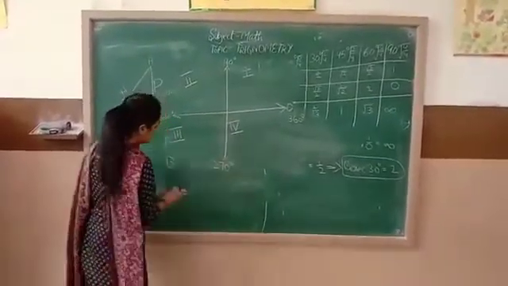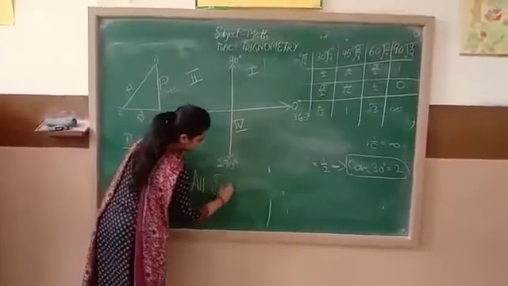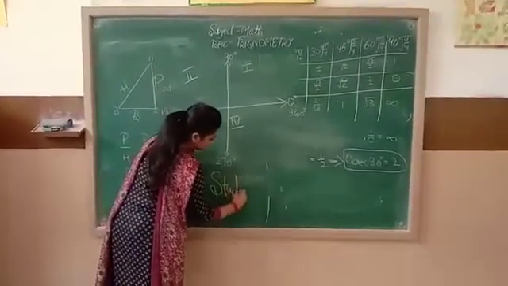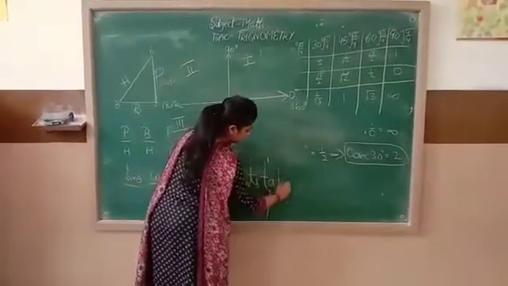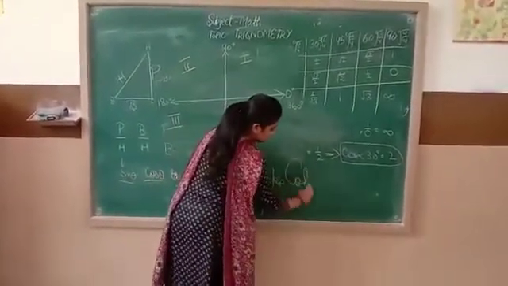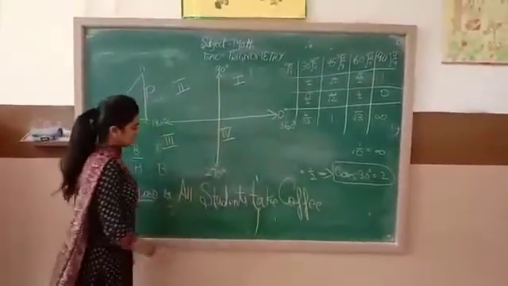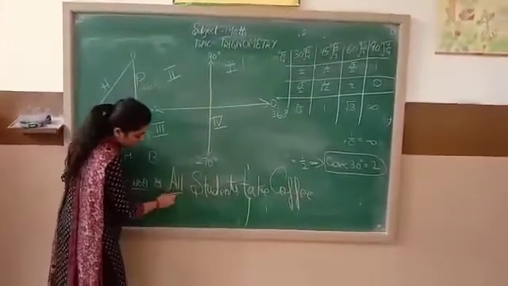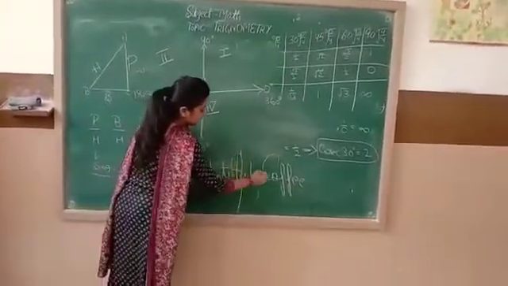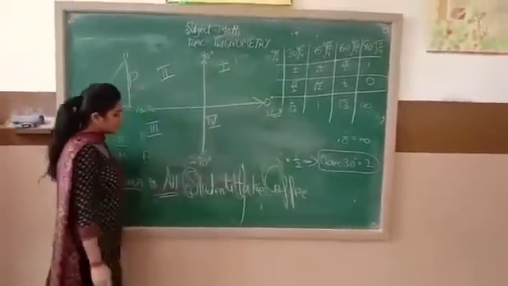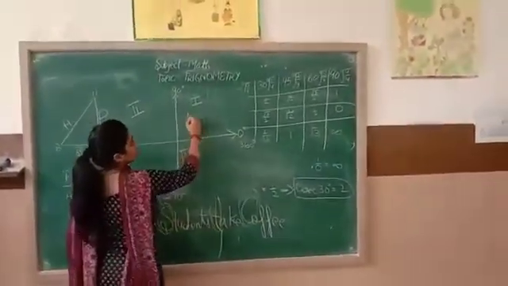Now we take the method: All Students Take Coffee. By this method we take the starting letters: all, S, T and C. For the first quadrant we take all, so we get all positive.